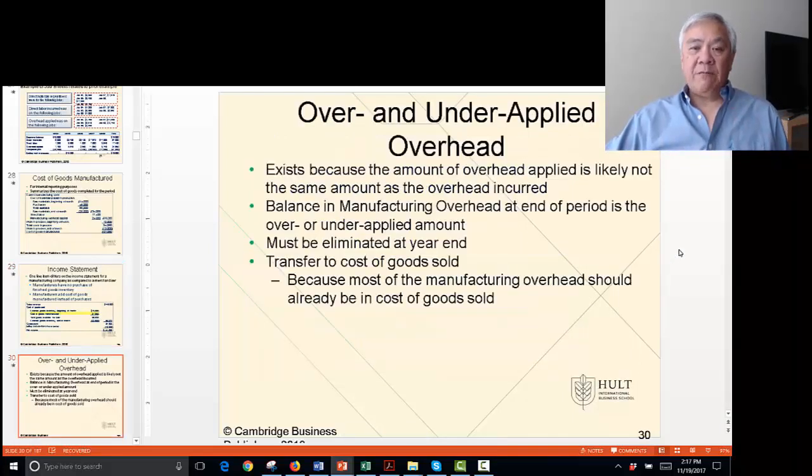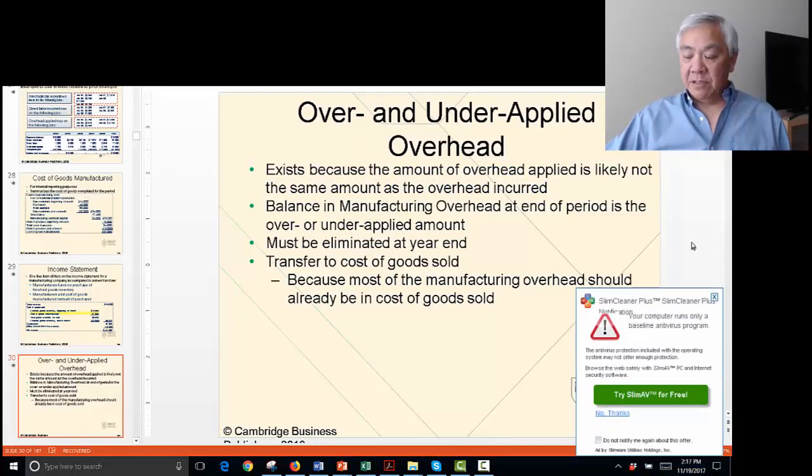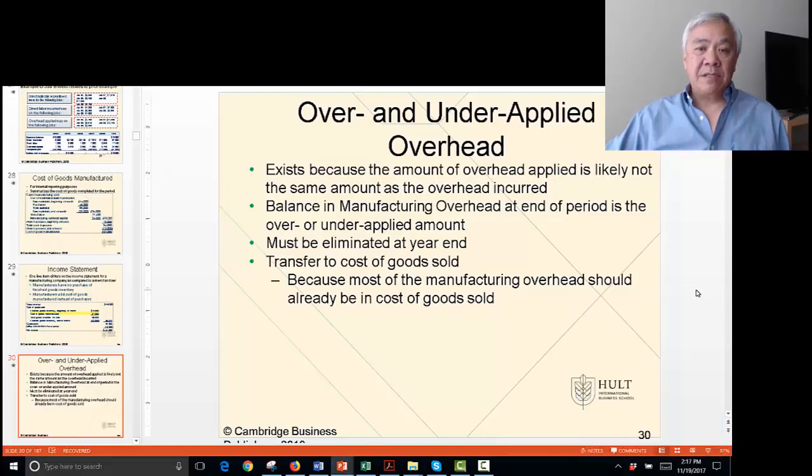When we deal with overhead, we have the issue that we estimated this before the year even started. We're probably wrong because it's difficult to know how many items are going to be bought and how much the price would be. So first, the estimation of the cost is probably off.